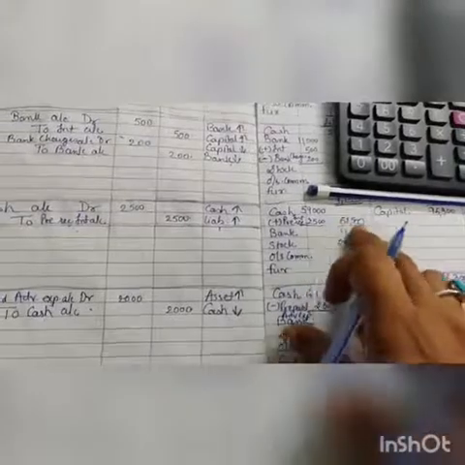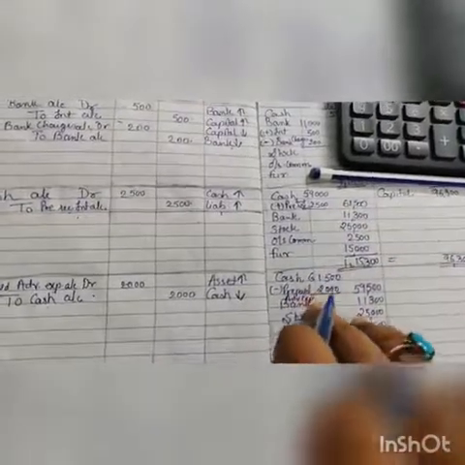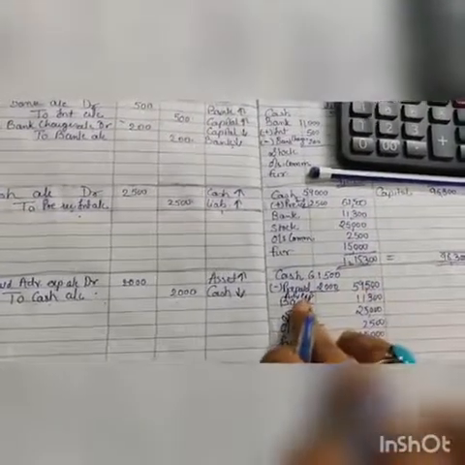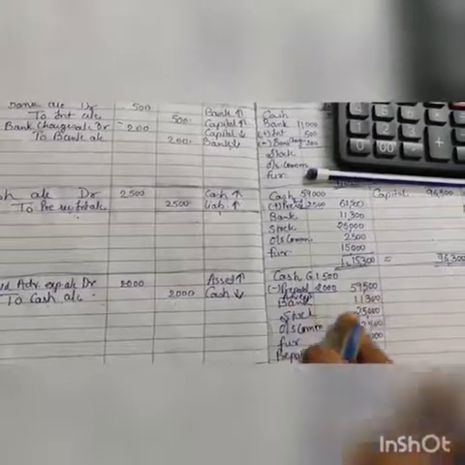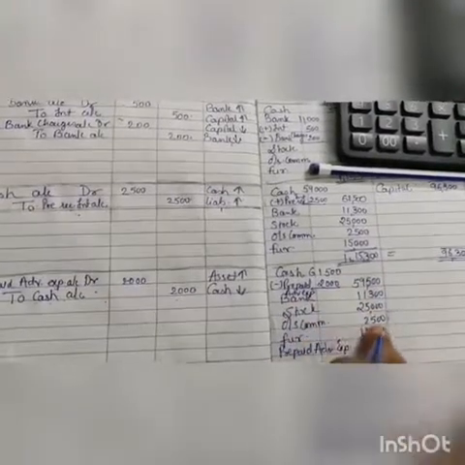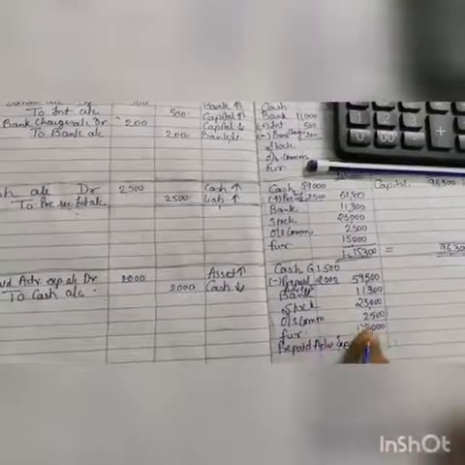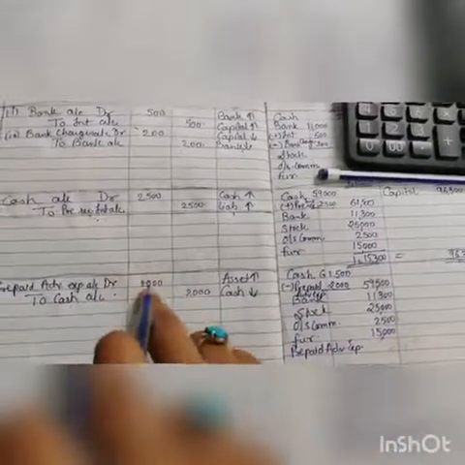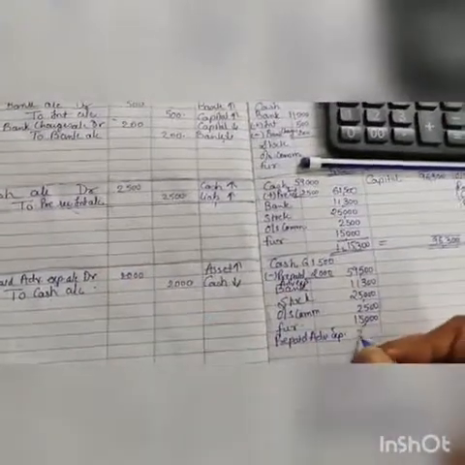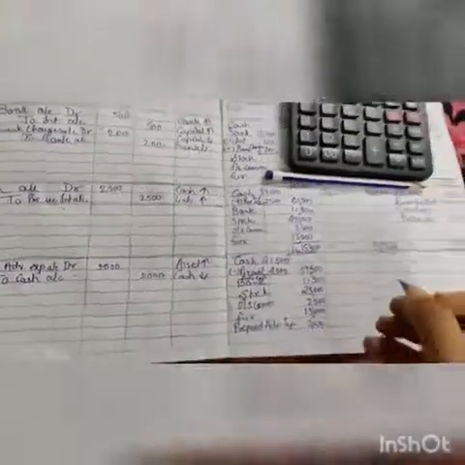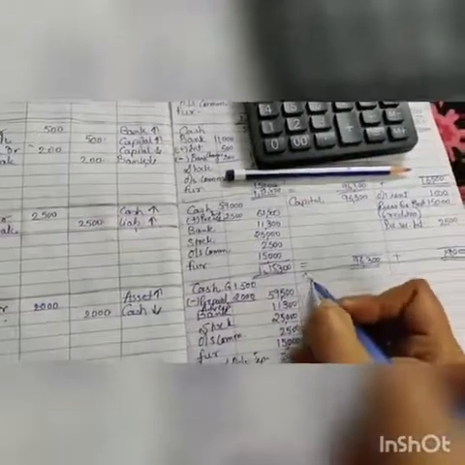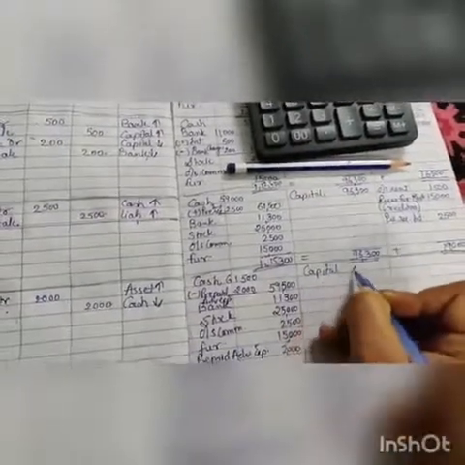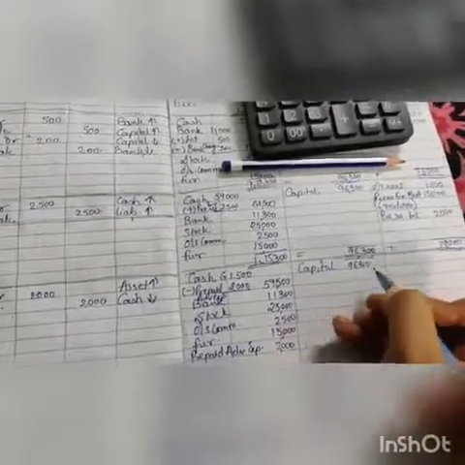So here how will it come? Cash is previously 61,500, you will deduct prepaid advertisement, so 59,500. Then bank as it is, stock write down as it is, outstanding commission write down as it is, furniture as it is, and prepaid advertisement expense, that is 2,000, you will write down here. Clear? Now here capital is as it is, because there is no effect in the capital account, 96,300.